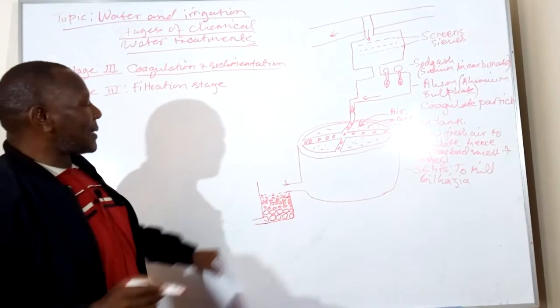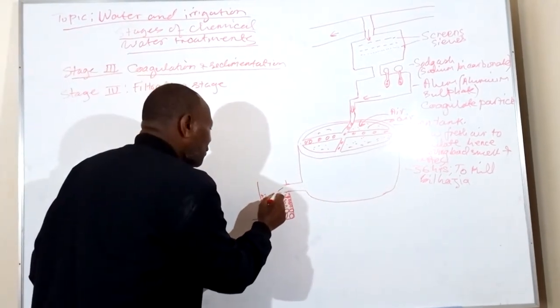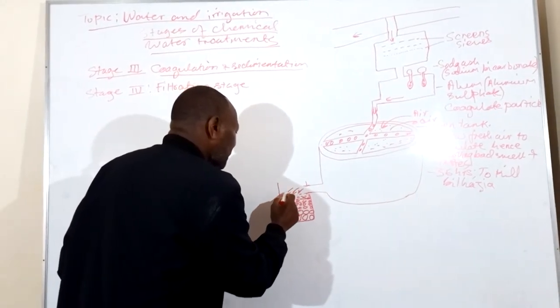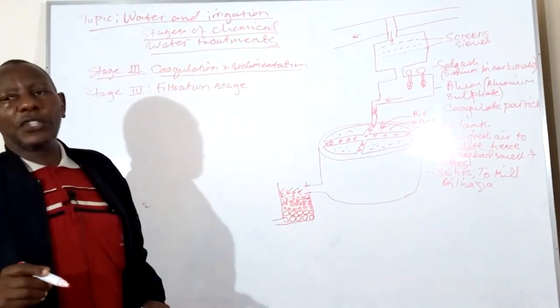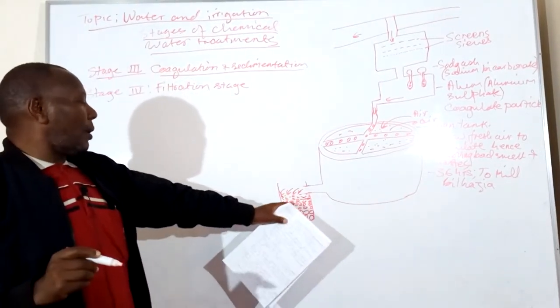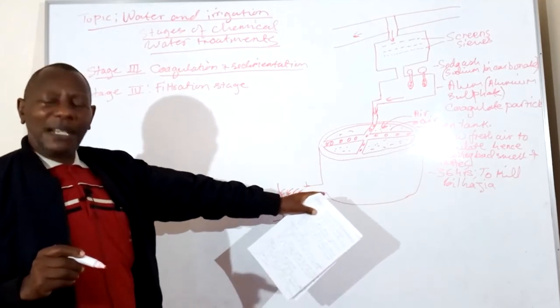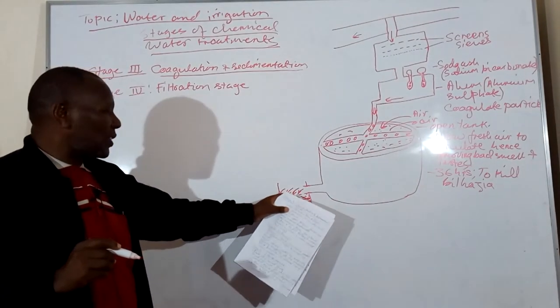So water is allowed to flow through this area slowly, at a very slow rate. Why? Because the few remaining particles in that water are usually filtered at this stage.